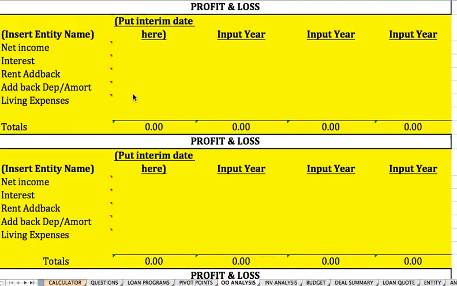Finally, at the bottom here, you'll see living expenses. Most of the time, lenders are going to want to deduct living expenses out of this particular profit and loss. So what you'll do is use a standard formula, which could be something to the tune of $10,000 to $15,000 per individual per household.